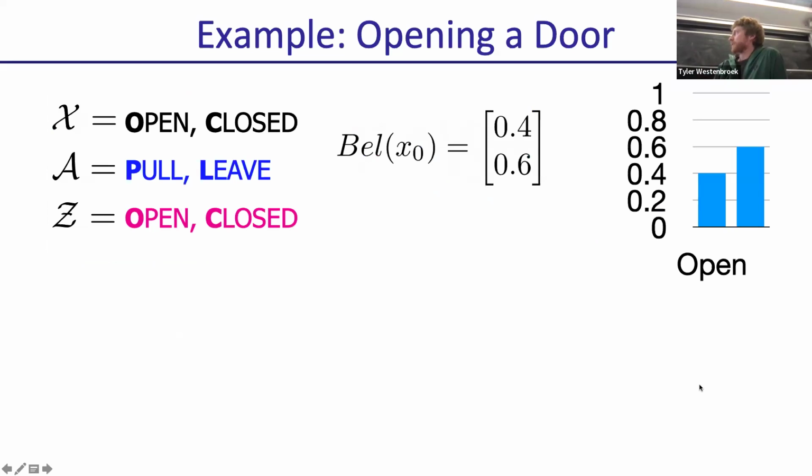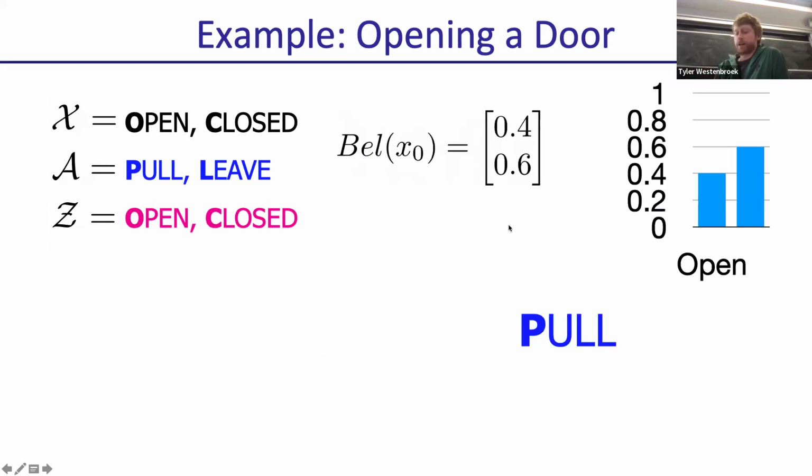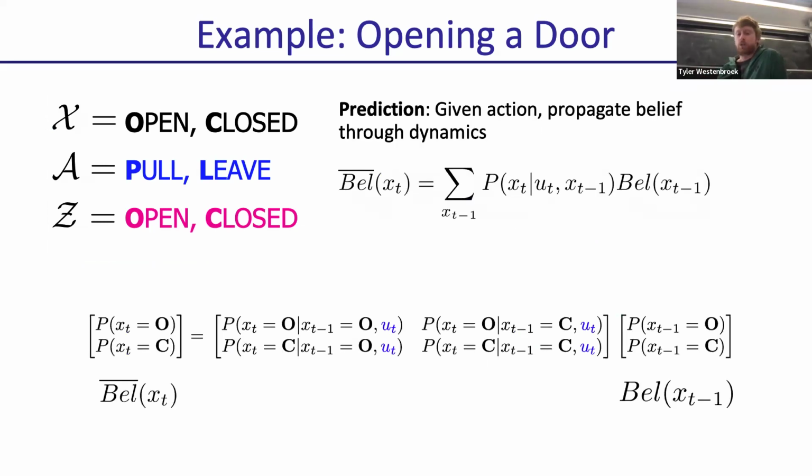Okay, and so let's just run through these computations. Let's say we're going to try to actually pull the door. These matrices that we wrote down before, we wrote them down in matrix form. And because we wrote them down in matrix form, if you take the time to look at these equations, we can actually end up writing our predicted belief of where we're going to be after iterating the dynamics with this matrix multiplication.